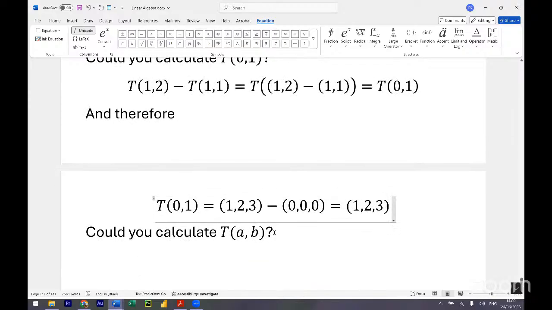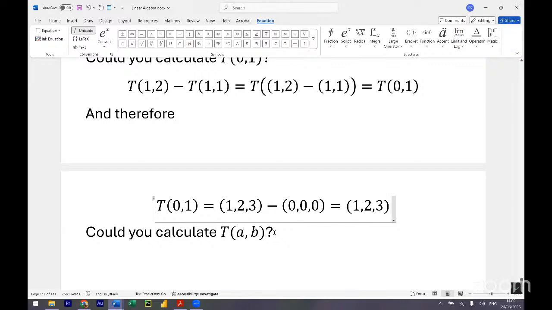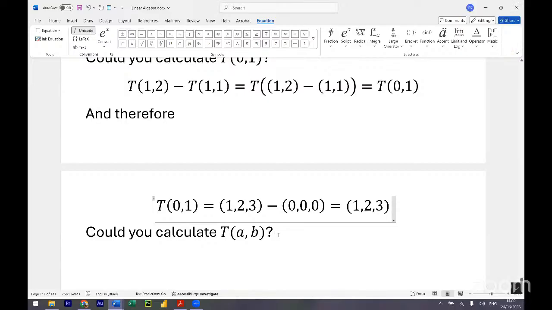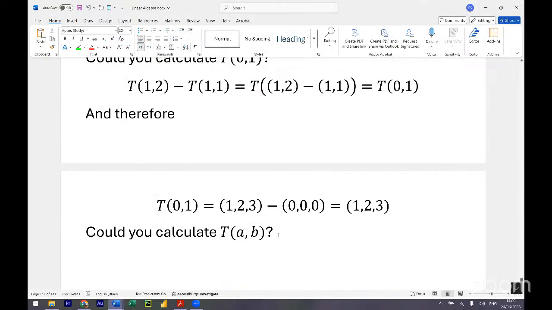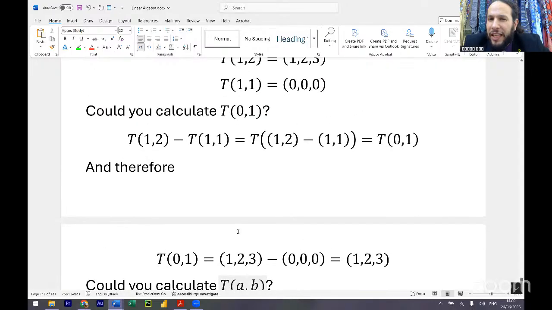What about a general (a, b)? I'll let someone else answer. How very big of you. Oh, okay. I think yes, you can, but can you tell me how? The answer is you're right, but how do we get it?